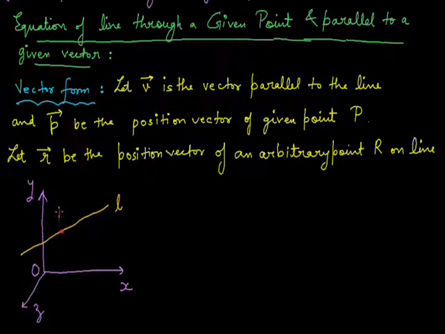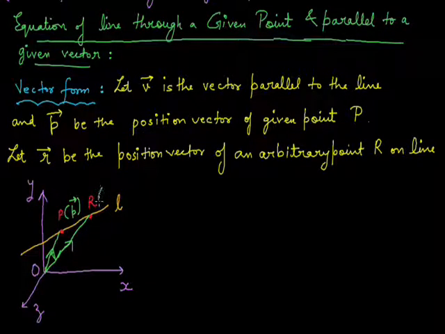One is the given point P and other is the random point, or you can say the arbitrary point R. Now we are given that the position vector of P, that is the OP vector, is given to us as P vector, and this is the position vector of point R, and it is denoted by vector R. Now let's say this is the vector V, which is parallel to the given line.